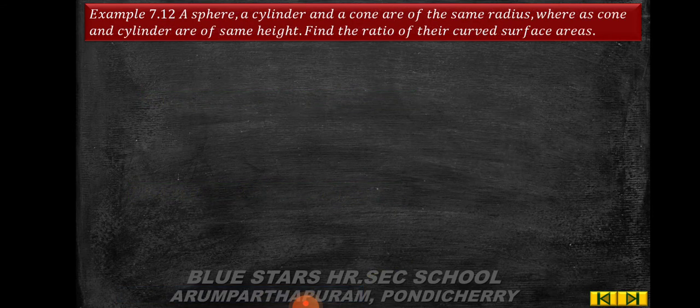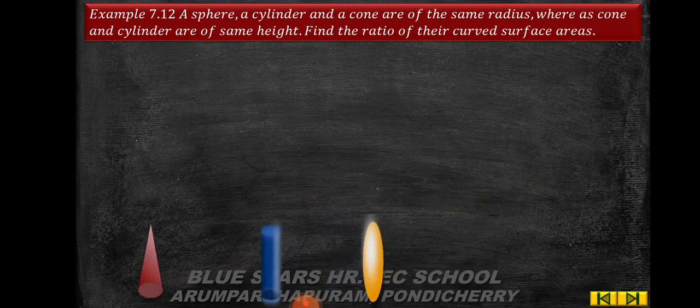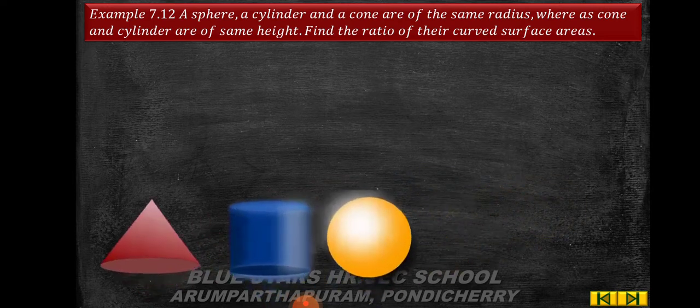Example 7.12. A sphere, a cylinder and a cone are of the same radius, whereas cone and cylinder are of the same height. Find the ratio of their curved surface area. So here they are given three shapes: a sphere, a cylinder and a cone of the same radius.